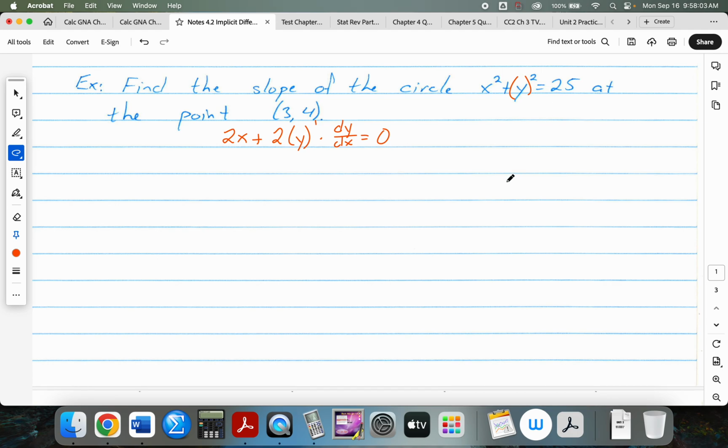So now we want to solve this for dy dx. I've got 2y times dy dx is equal to negative 2x.